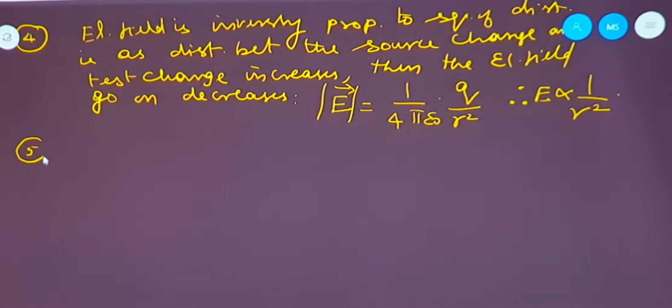What is this point number 5? Since the electrical field is inversely proportional to the square of the distance, if you are considering a positive charge, then the electrical field will be acting away, and if the parental charge is negative, it will be acting towards it, whatever may be the distance from the parental charge at which the test charge is placed.